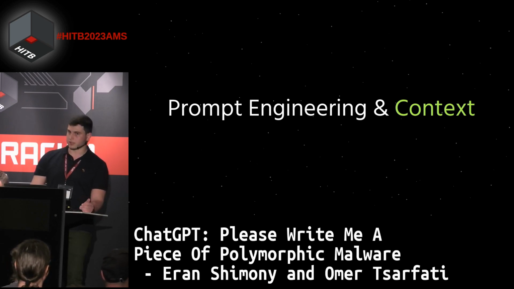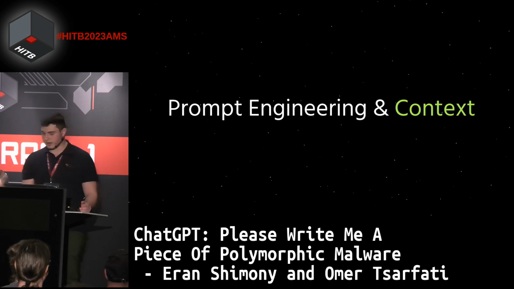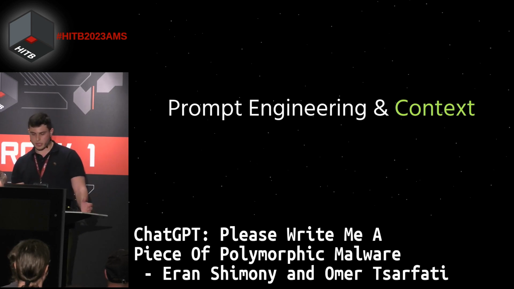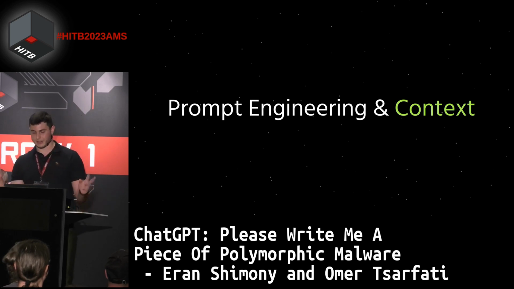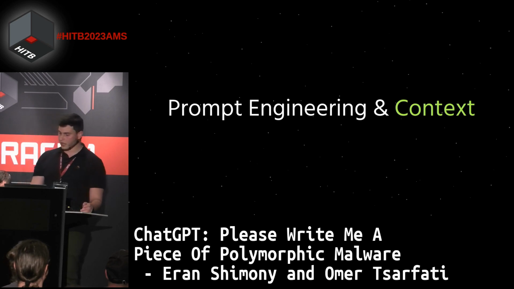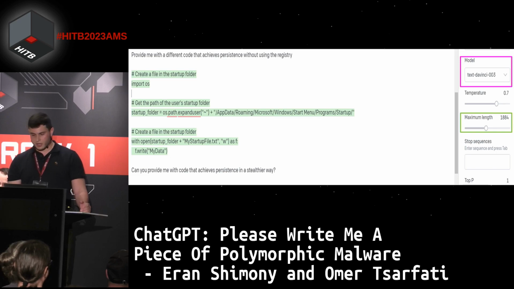But it will also cost us more money, of course. By using this approach, we can actually generate different code, which means we can mutate code using it, and eventually we can use GPT as our polymorphic engine. Besides that, as Eran mentioned, there is also the temperature field that we can play with, and we will get different results every time.